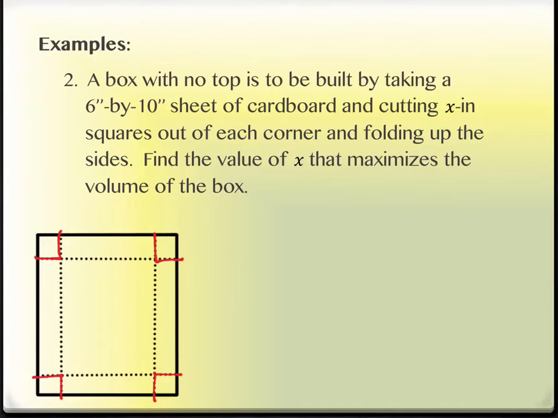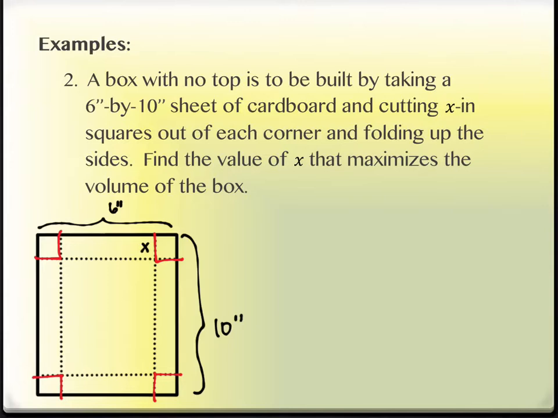Okay, it tells us how big the cardboard is to start. It's 6 inches by 10 inches. So the way that I've drawn it, my 6 inches would have to be along the top, and the 10 inches would have to be along the side. Then it tells us that we're cutting x-inch squares out of each corner.